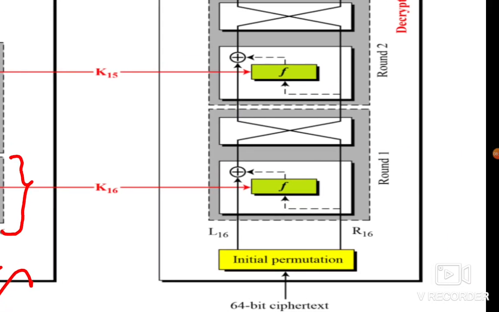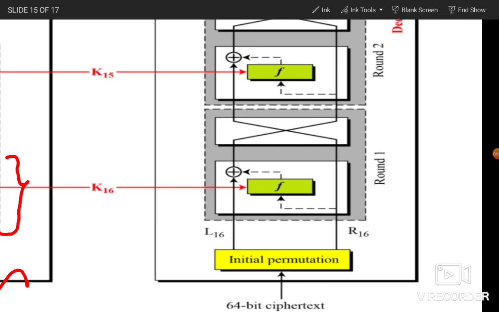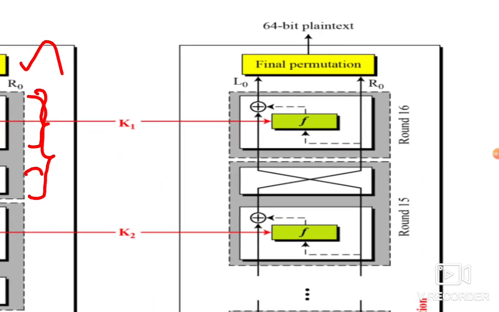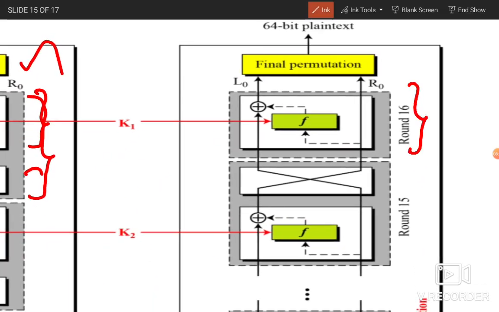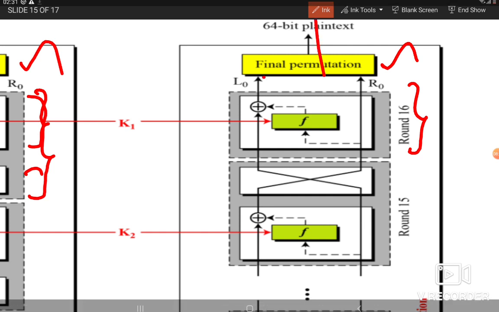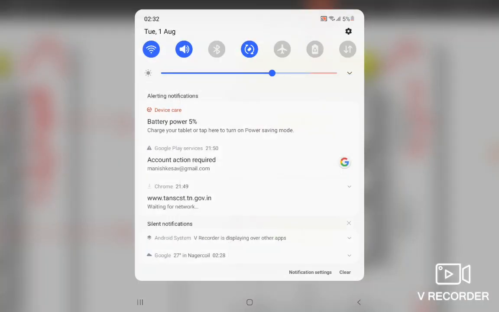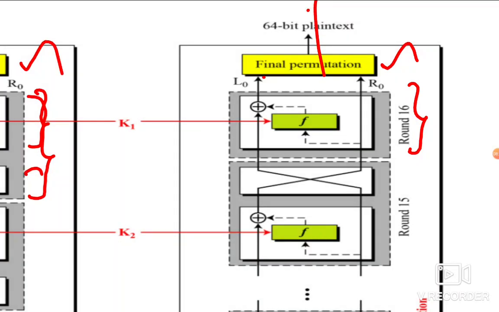At the receiver end, we start with the initial permutation, then we go with 16 rounds, but the keys are used in reverse order. After the 16 rounds we go with the final permutation to get the plain text.